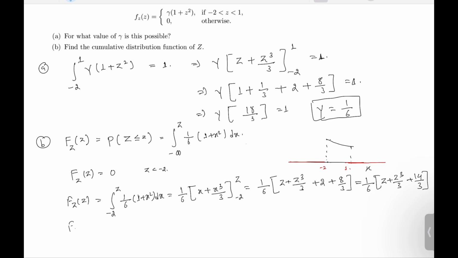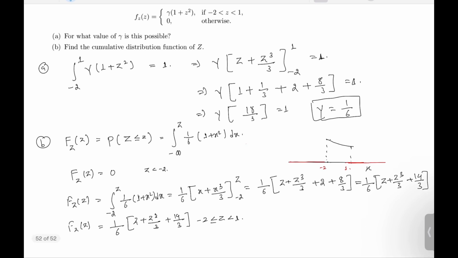So we will have the CDF equal to 1 divided by 6 z plus z cube divided by 3 plus 14 divided by 3, within this range, when z is greater than or equal to -2 and less than 1.